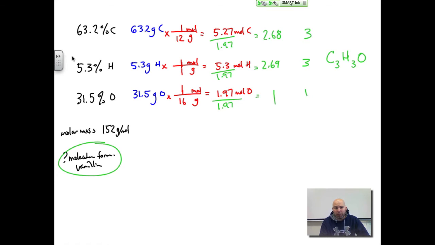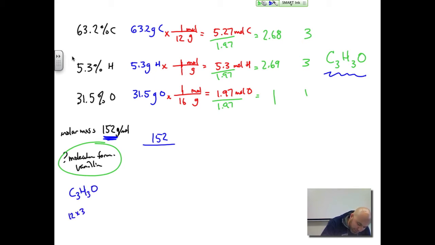For the molecular formula, you take the molar mass, which is given as 152, and divide it by the empirical formula mass. For C3H3O, carbon is 12 and I have 3 of them, that's 36. Hydrogen is 1 and I have 3 of them, that's 3. Oxygen is 16, and I only have 1 of them. Add that all up, and my empirical formula mass is 55. I put that in the denominator.